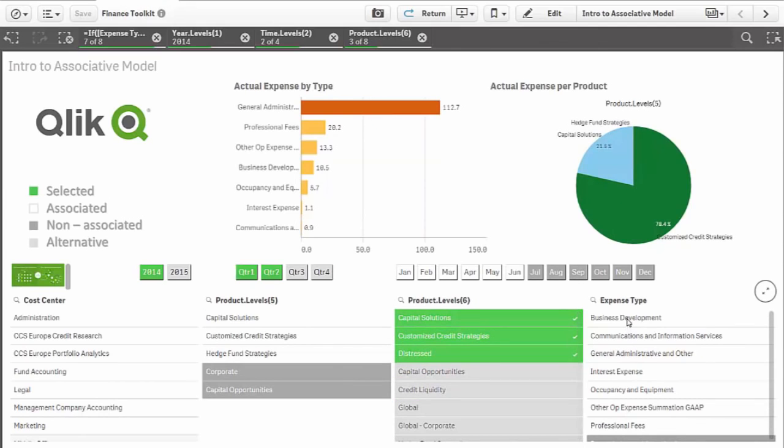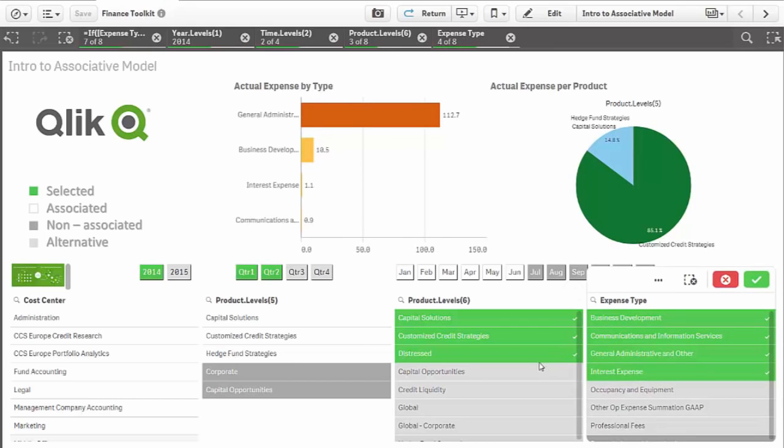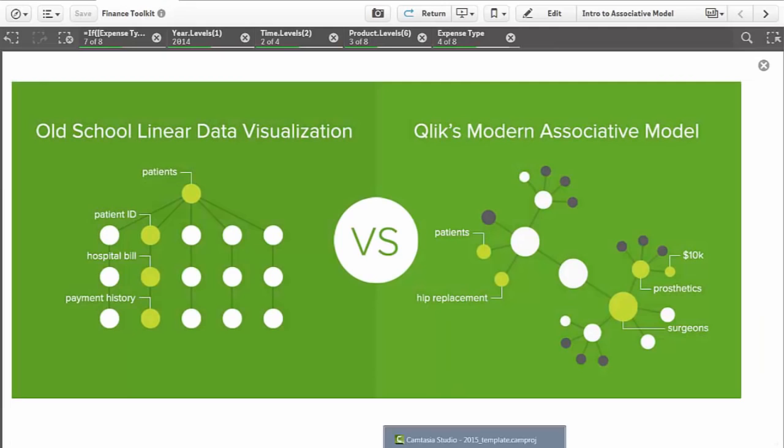And maybe I just want to look at 1 or 2 different types of expense line items as opposed to the entire set. And just like that, you can see that I've actually been able to come up with a very customized expense analysis. And this is all made possible through what we call Click's associative model.